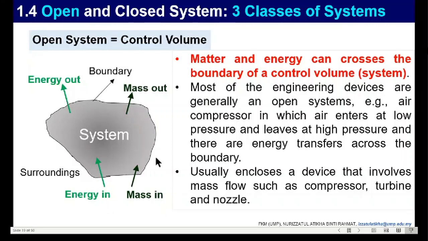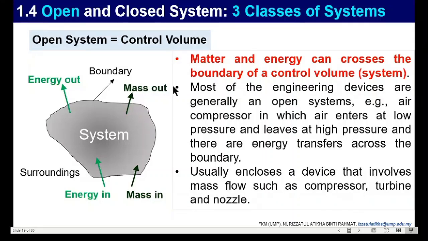It means that matter and energy both can cross the system boundary. Most engineering devices are generally open systems. For example, an air compressor in which air enters at low pressure and leaves at high pressure, and there are energy transfers across the boundary. It usually encloses a device that involves mass flow such as a compressor, turbine and nozzle.